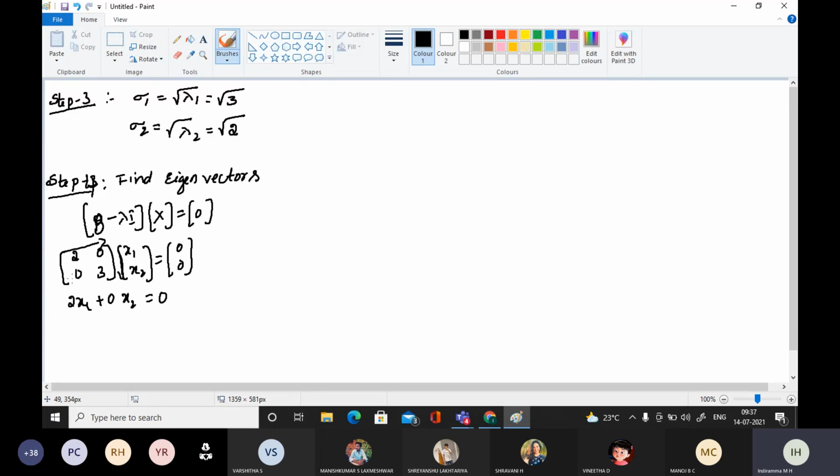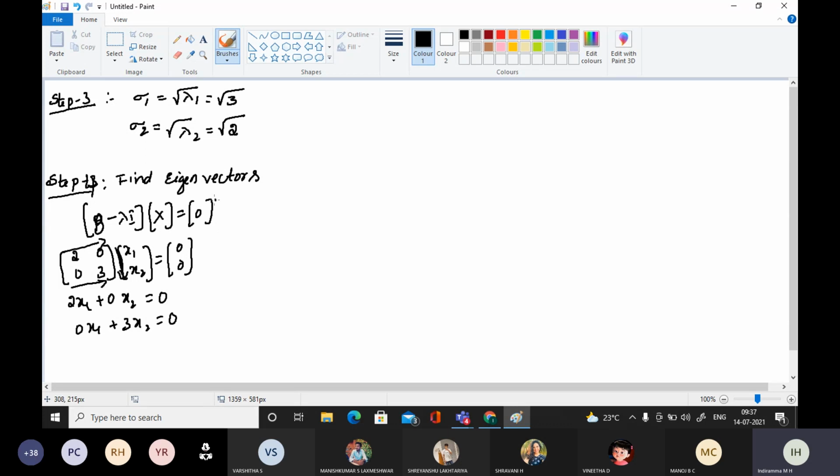The second equation is obtained by multiplying second row with the column: 0 X1 plus 3 X2 equal to 0. From the first equation 2x1 is equal to 0, so x1 will be 0. From the second equation 3x2 equal to 0, then x2 equal to 0.